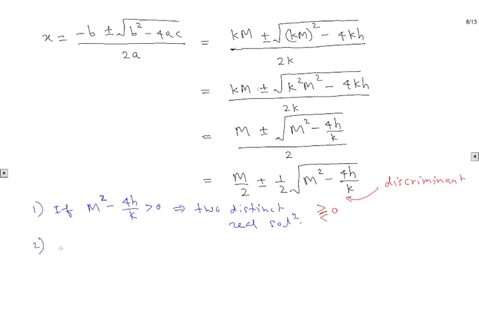The second case is if this term is exactly 0. What's going to happen? We have a unique critical point. The unique critical point can be stable or unstable. We don't know.